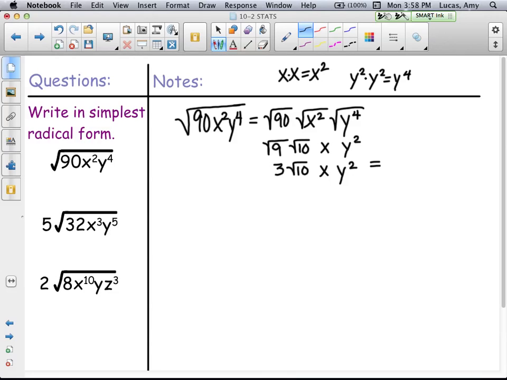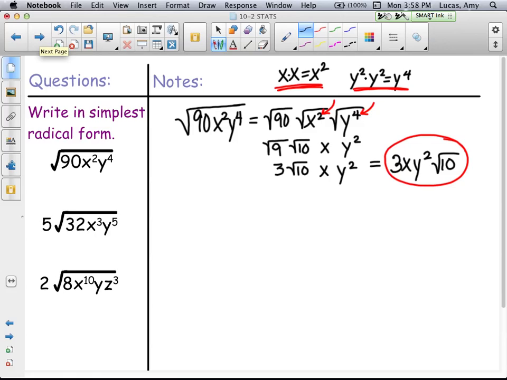So I'm going to do a little bit of reordering here. I'm going to put the 3x and y squared in front so that you don't think they're under the root. Only the 10 is left under the square root. So when you have an even exponent, you are going to be able to think about it as a perfect square.